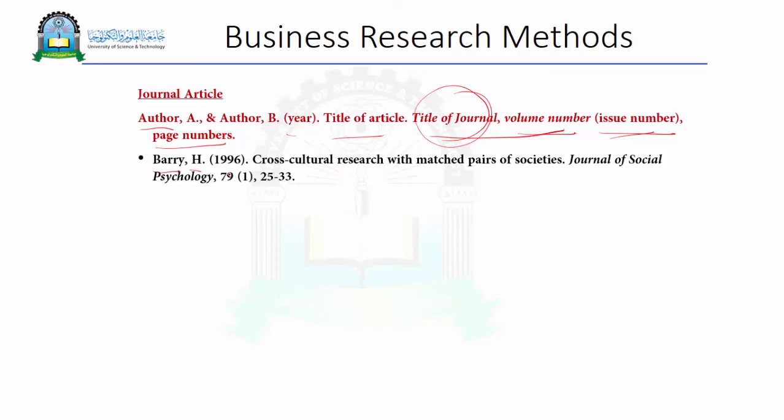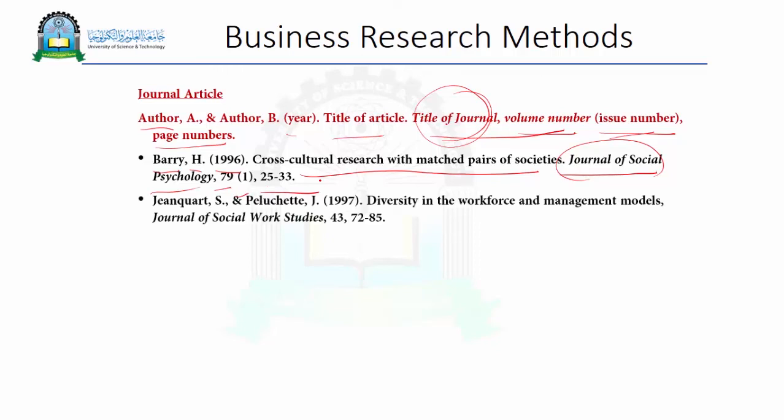Family name, first letter, date, the title of the paper, research paper or article, and then the journal title, which must be italicized, and then the volume number, the issue number, and the page numbers. This is another example.